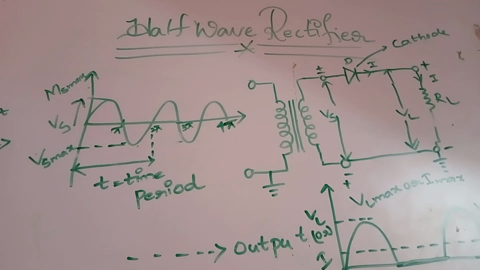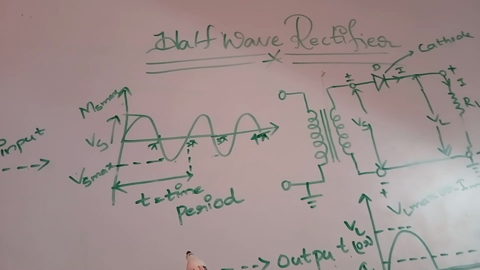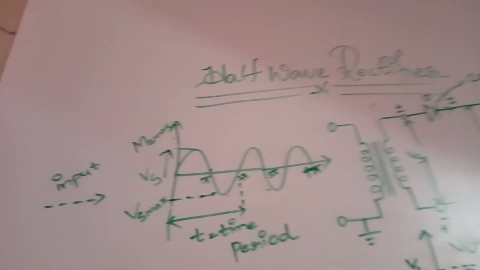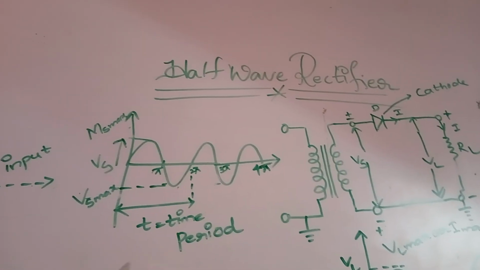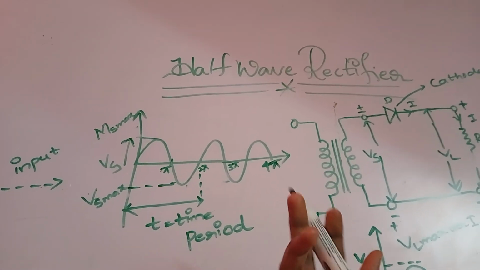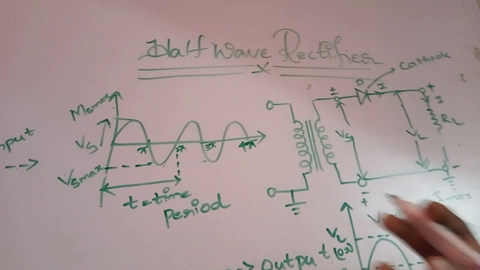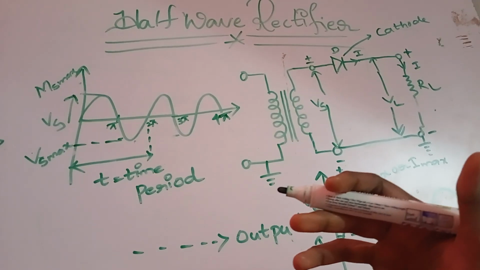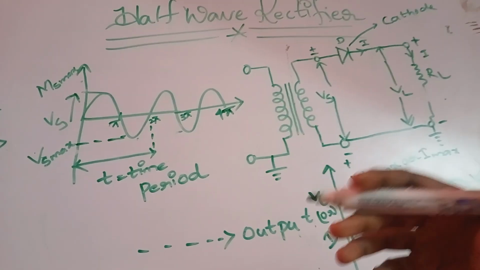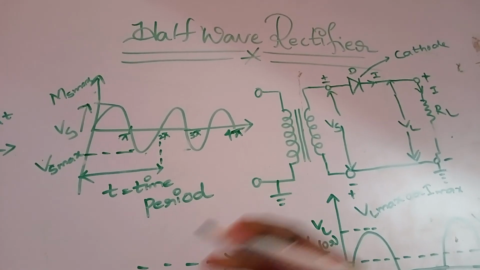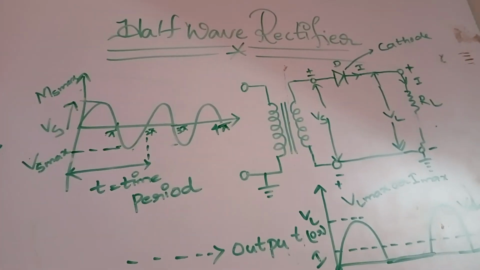How can we say what the cycle is and what the sine cycle is? We can see any type of signal: sine, triangular, rectangle.